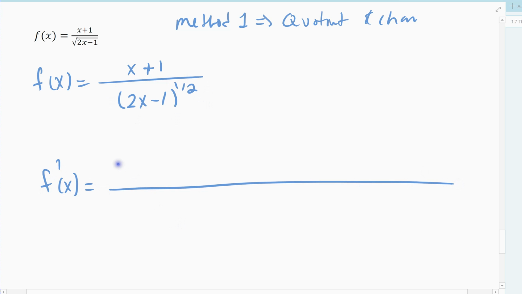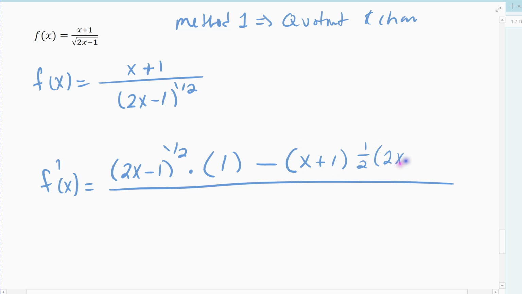Alright, so first is the low function, 2x minus 1 to the 1/2, times the derivative of the high, which is a nice derivative, it's just 1, minus the high, make sure you put parentheses because it's minus the whole top function, so parentheses. The derivative of the low, which is going to require my chain rule, so let's pull out my 1/2, raise it to 1 degree less, which would be the negative 1/2.